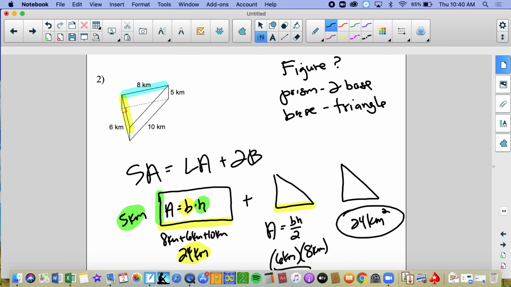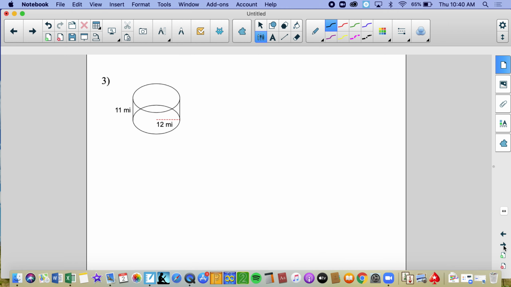And the last one, what's the figure? Well, it has 2 bases, so we know it's going to be a prism, but since the shape is a circle, we actually call it a cylinder. But with 2 bases, we can still go through this.